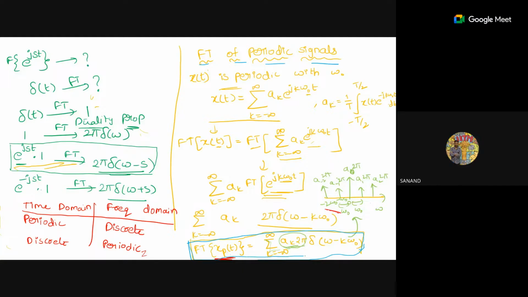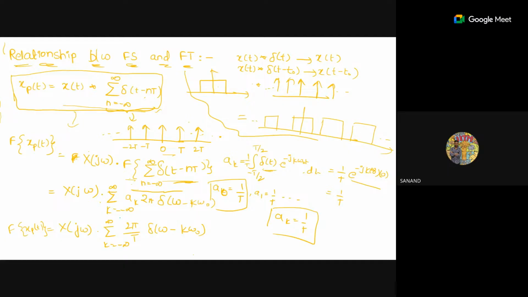Yes, I have got it now. This is how we got this by using that formula, and ak I substituted as 1 by T for the delta signal. Now you got it, right? Can I move further? Yes, ma'am. Okay.